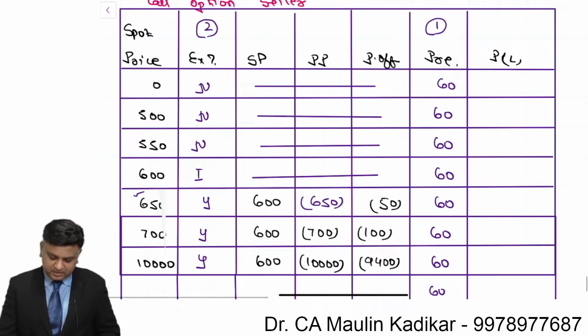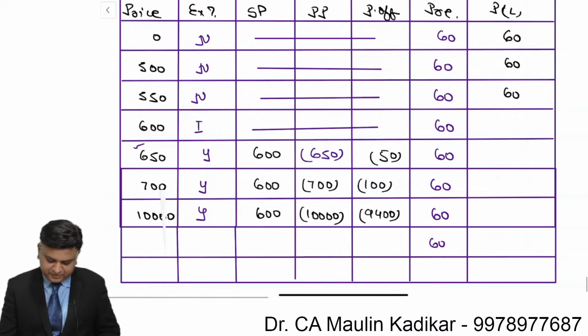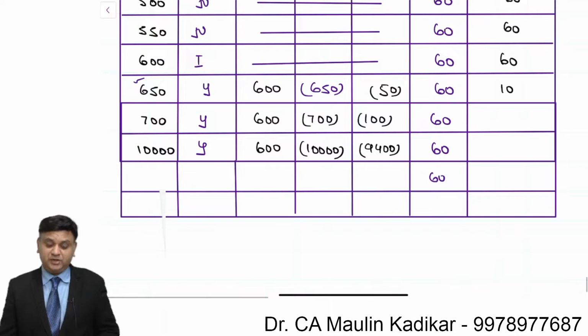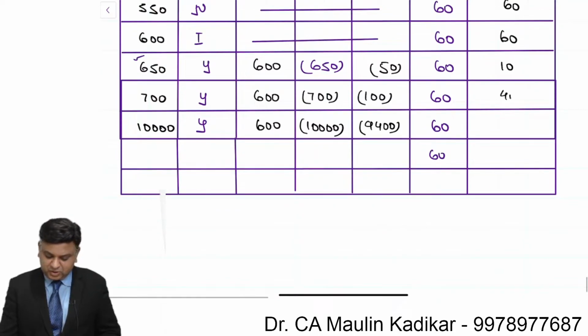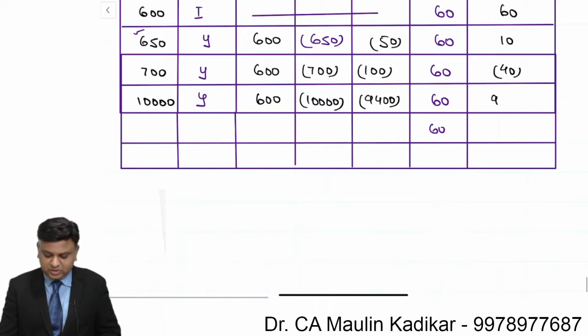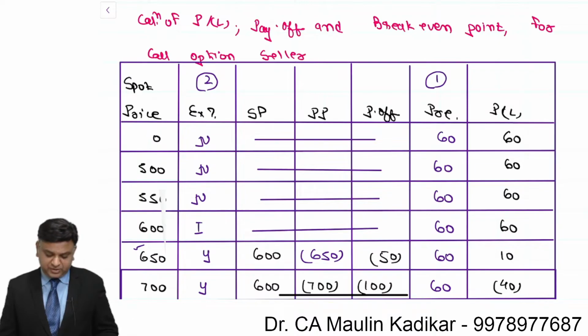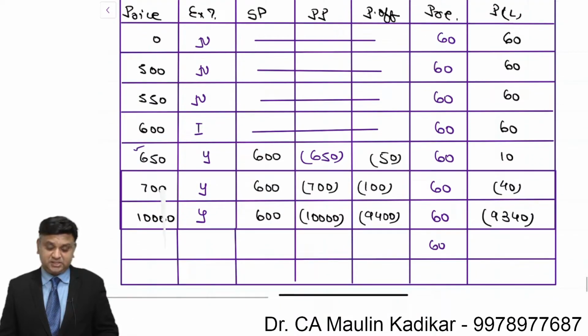So there is a profit of 60, profit of 60, profit of 60, profit of 60. Again there is a profit of 10, there is a loss of 40, there is a loss of 9,340. So there is a profit or loss for the different spot prices of the equity share like this.